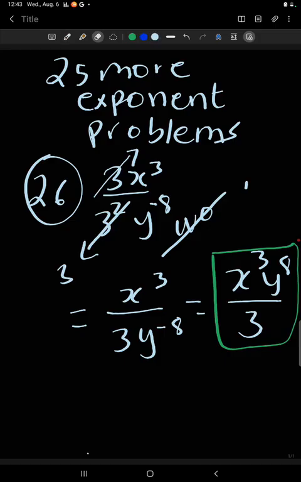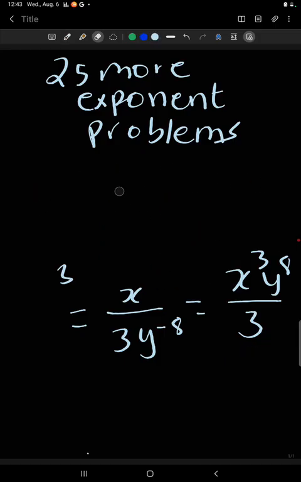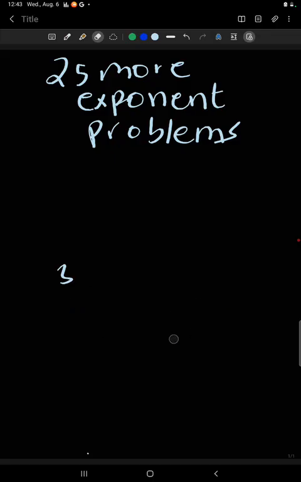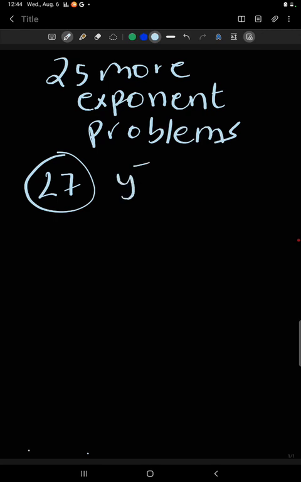Okay, so I'm going to do the same thing I did in the first video, namely that I'm going to allow you to answer the question before I do. So let's move on to problem 27. I have y to the power negative 9 divided by x to the power negative 4.